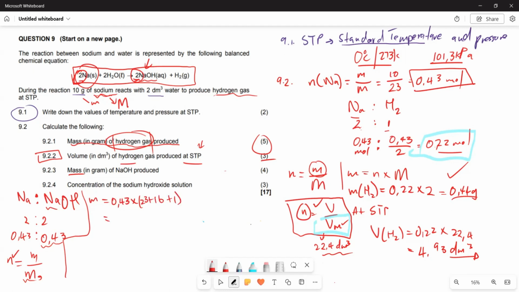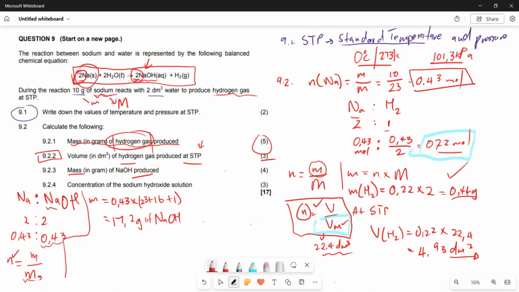So the mass that you are going to find, I think, is 17.2 grams. So this is going to be 17.2 grams of your sodium hydroxide. This is the grams of sodium hydroxide that is produced altogether.